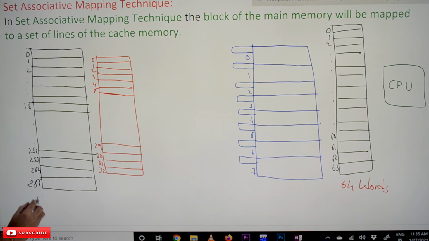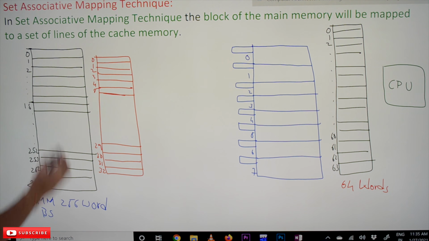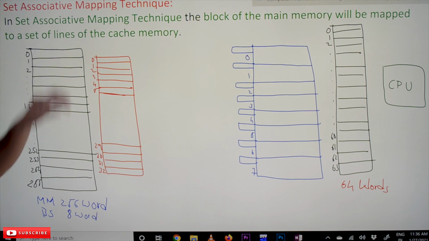So the main memory size is 256 words, and we are going to group the words of the main memory. We are going to group 8 words into one group, which we call a block.